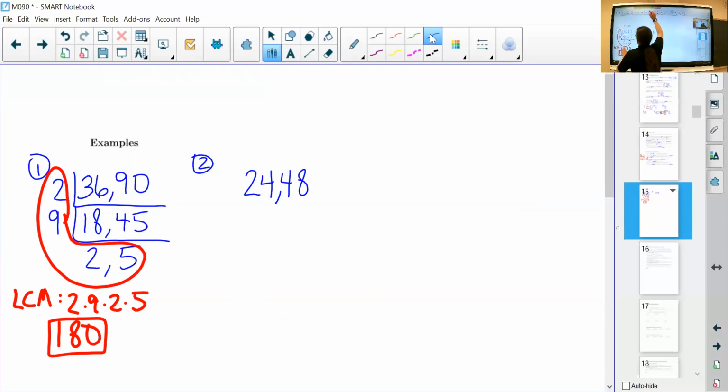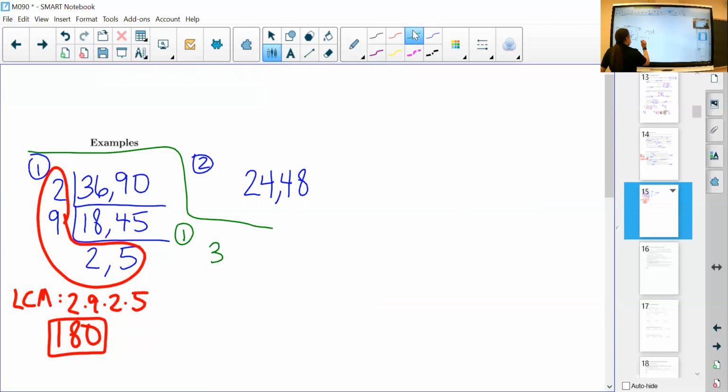Now on number 1, you'll notice I took out a 2 and then a 9. Let's backtrack to that. So I'm going to call this example 1 part 2. What if instead I had taken out a 9 first, or let's say a 3. Take out a 3. 3 into 36 12 times, goes into 90 30 times.